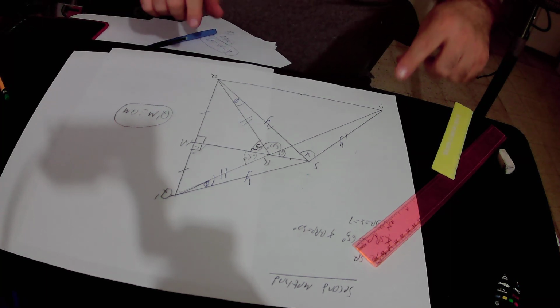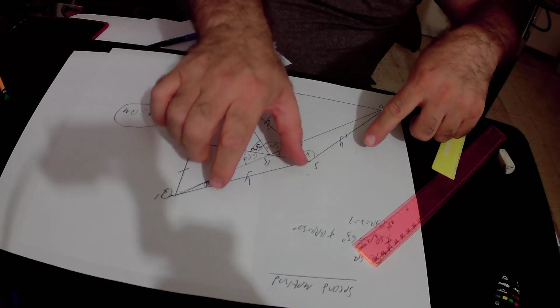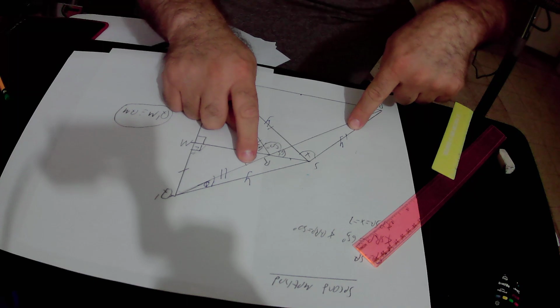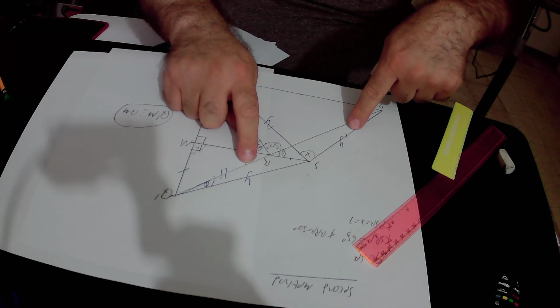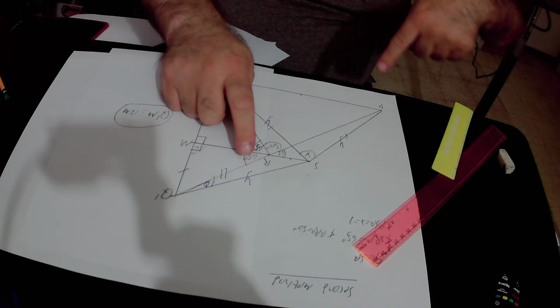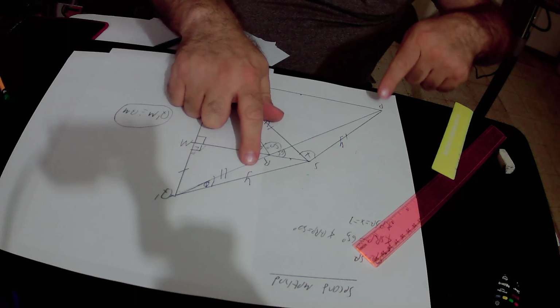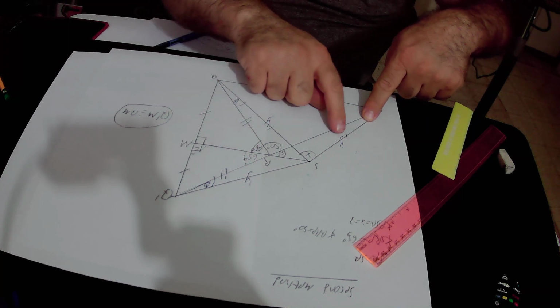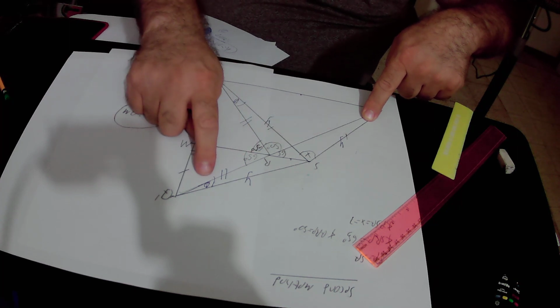In front of these two sides, both equal to Y, we have two equal angles. In front of this side Y we have this angle, and in front of this side Y we have this angle.